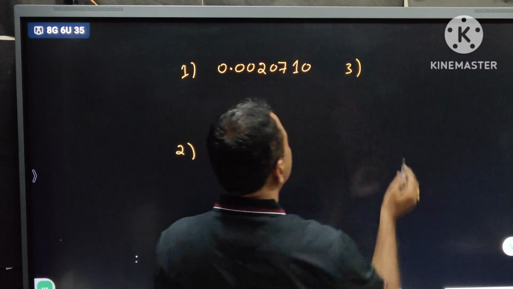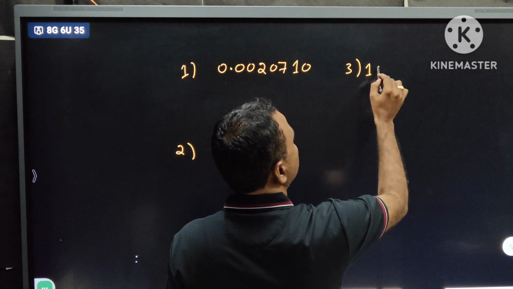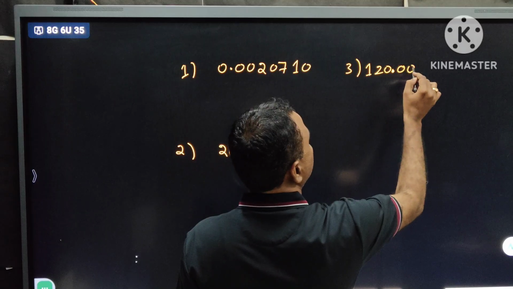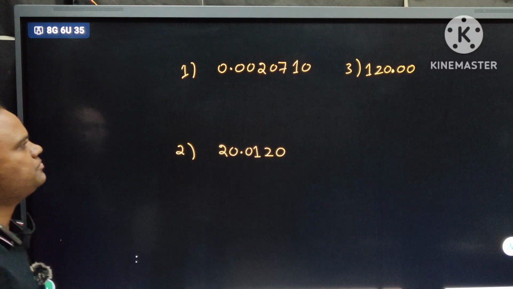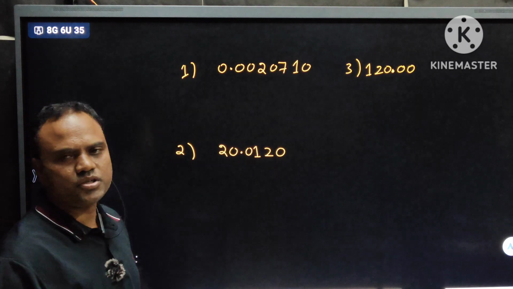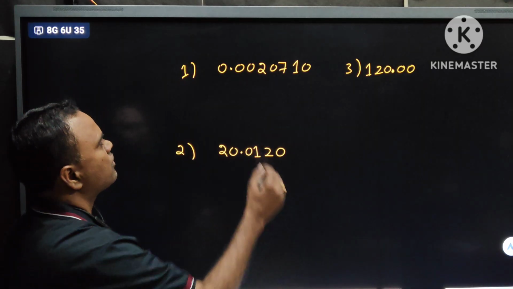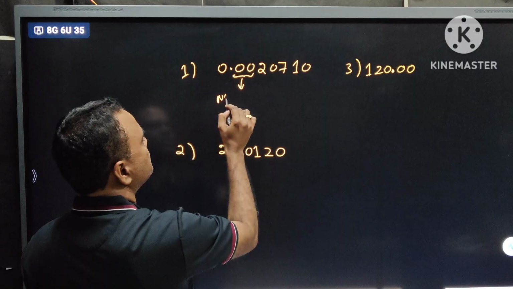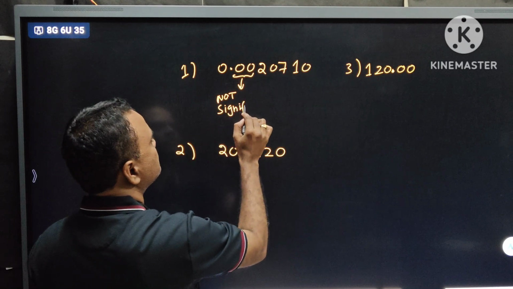Tell me, Adiba. 120.00. Look at this first question. These are starting zeros, not significant.